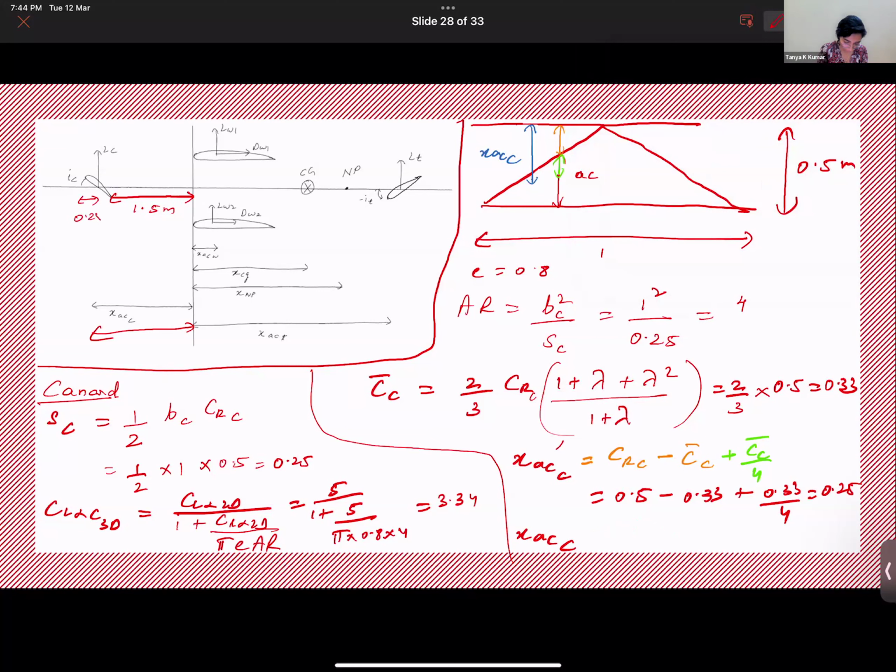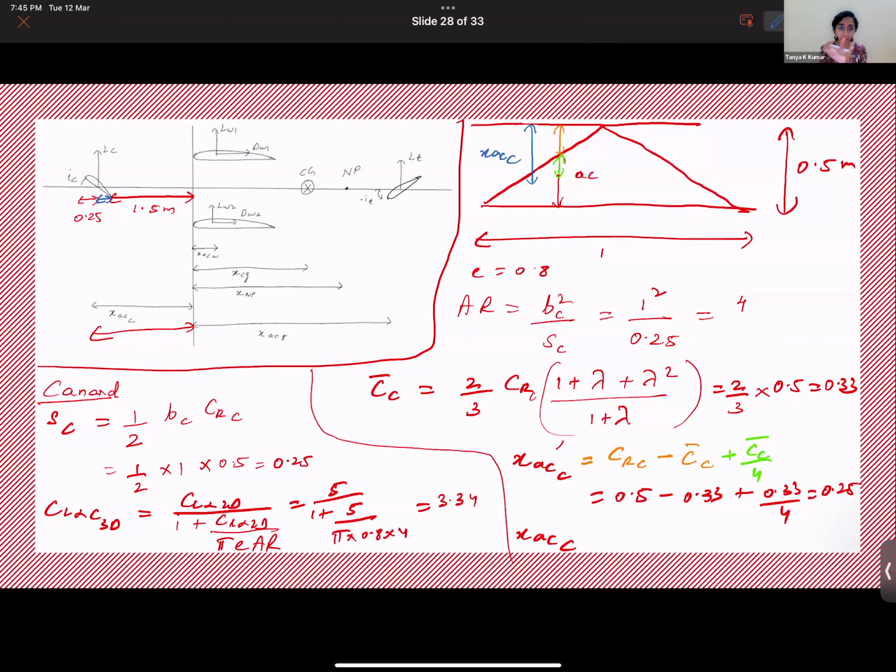this is 0.25. How do you find out XACC? Can you tell me? So the distance from the leading edge of the canard to the aerodynamic center of the canard is 0.25 C. Correct. Now we need to find out this small blue distance.